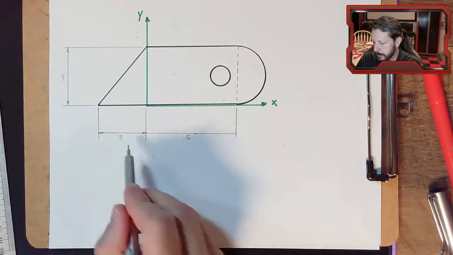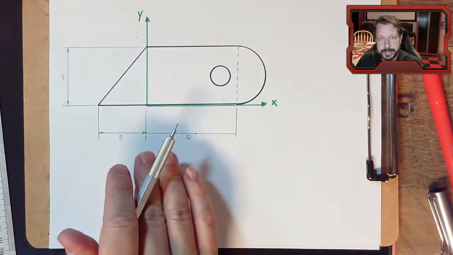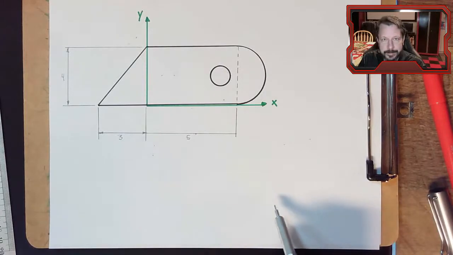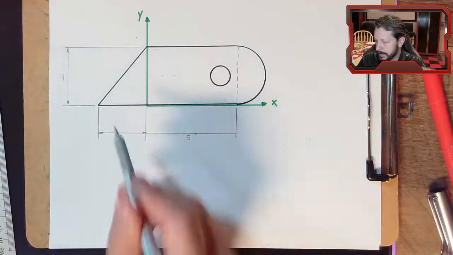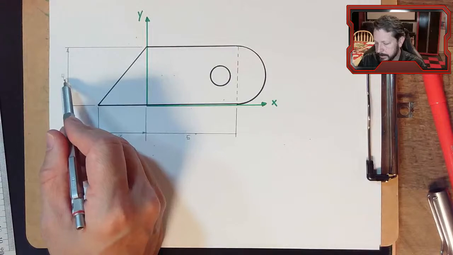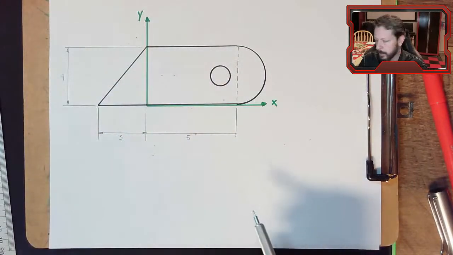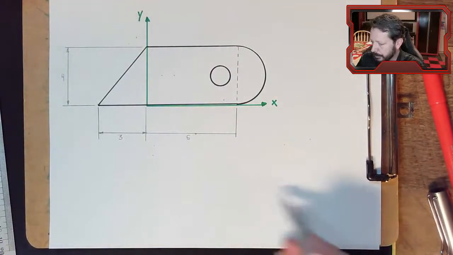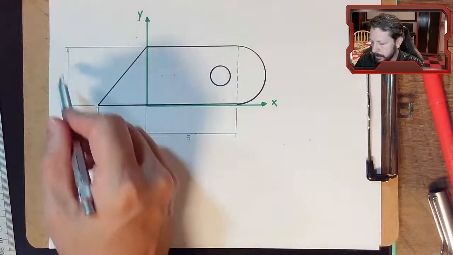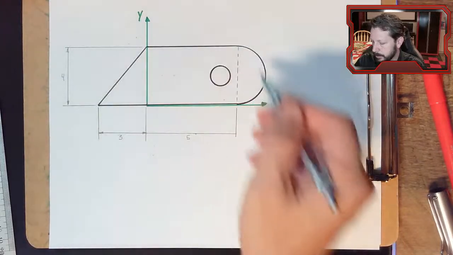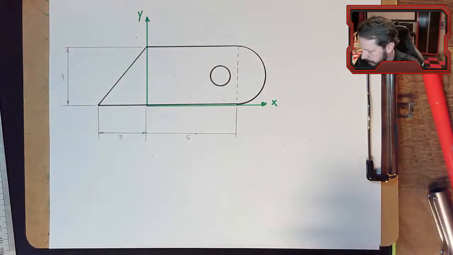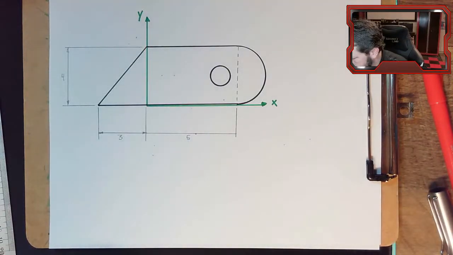And I'm not putting units on these, so if I were drafting this, I would actually have a box somewhere over here that had the date it was made, who made it, the scale, the units, and maybe some other material properties or notes that would go with this drawing. I'm not going to draw the box down here, but that's normally where the units would be. The numbers would all be in the same unit system, and the units would be shown somewhere down here. Let's see what else we need.